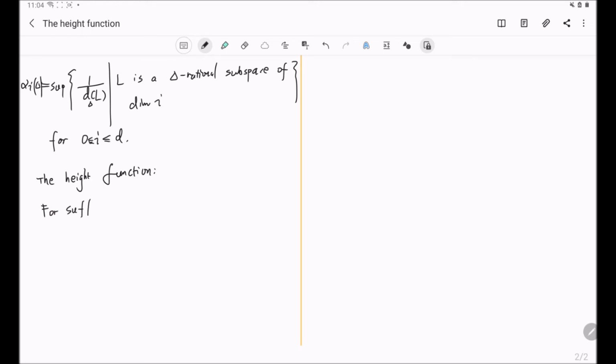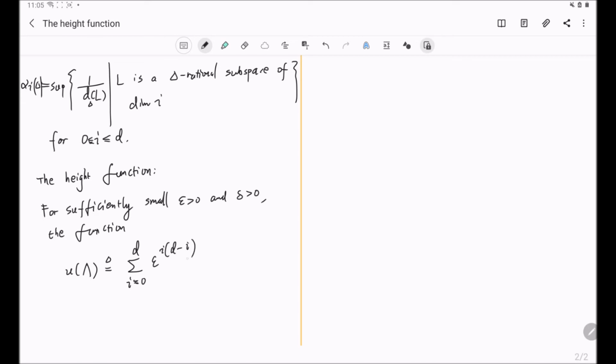For sufficiently small epsilon greater than 0 and delta greater than 0, it is a function of lattices given by the summation from I equal to 0 to I equal to D of epsilon raised to the power I times D minus I of alpha I of lambda delta.